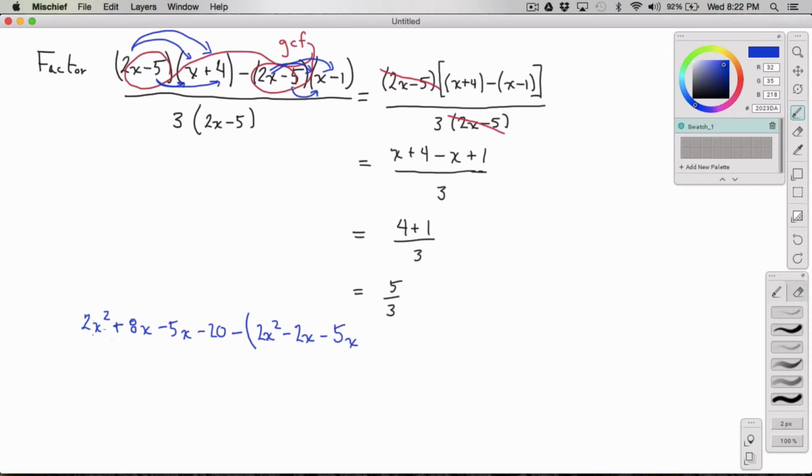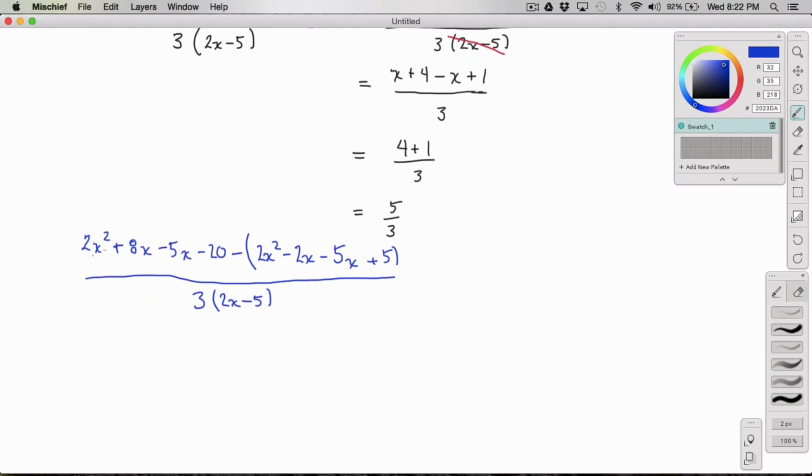And then we take the negative 5, distribute it to the negative 1, that's going to be a positive 5. I'm going to leave my denominator as it is, 3 times 2x minus 5.